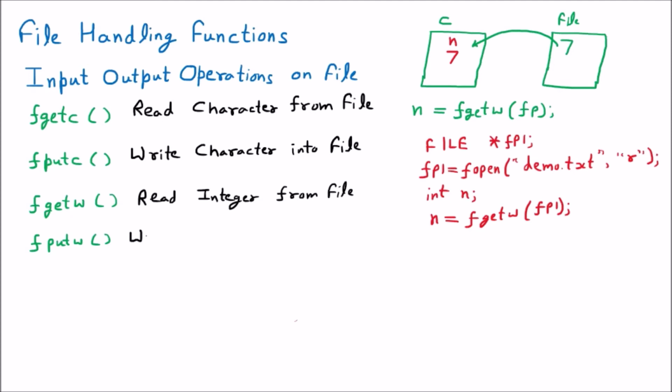So we can say that it writes an integer into the file. I am taking one example to make you understand. Let us suppose that we are having a C program. This is our C program and this is a file.